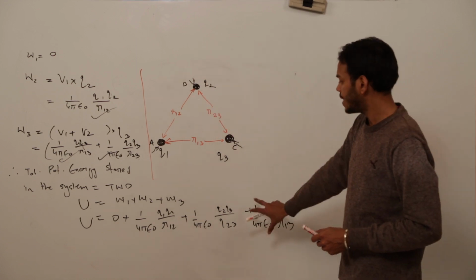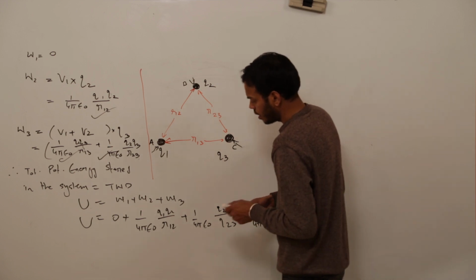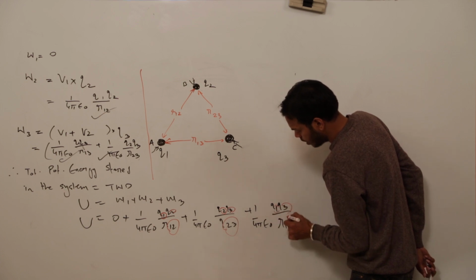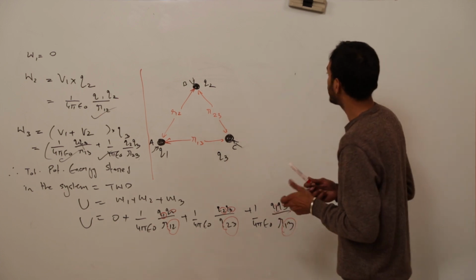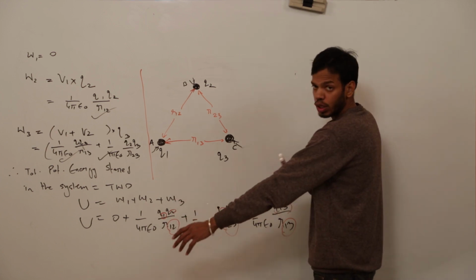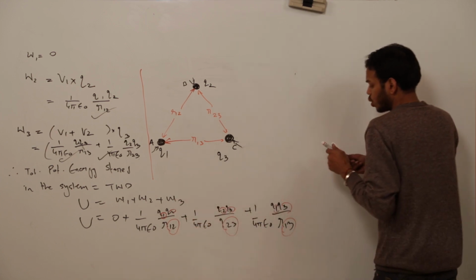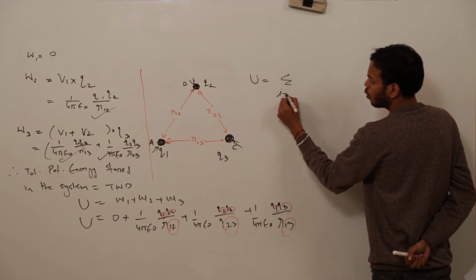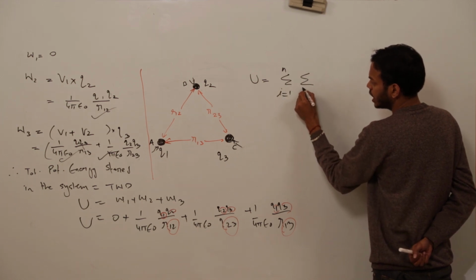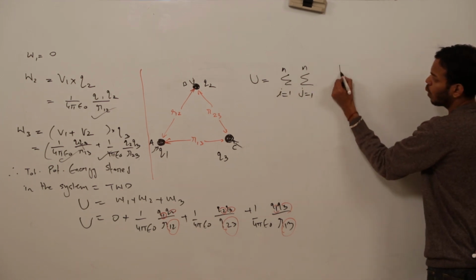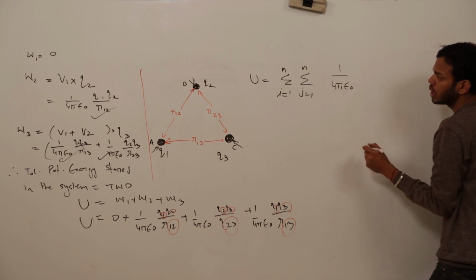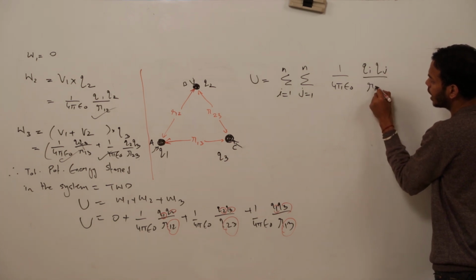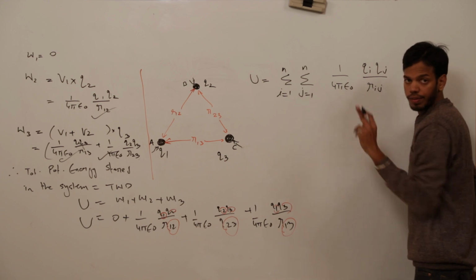If I have to generalize this equation, see this point, 1 2, 1 2, 2 3, 2 3, 1 3, 1 3. That means if I have to generalize this equation, what will I write? Instead of using I, I'll also be using J. So using this formula, U will be equal to summation I equals 1 to n, summation J equals 1 to n, 1 upon 4 pi epsilon naught Qi Qj upon Rij, with two conditions.